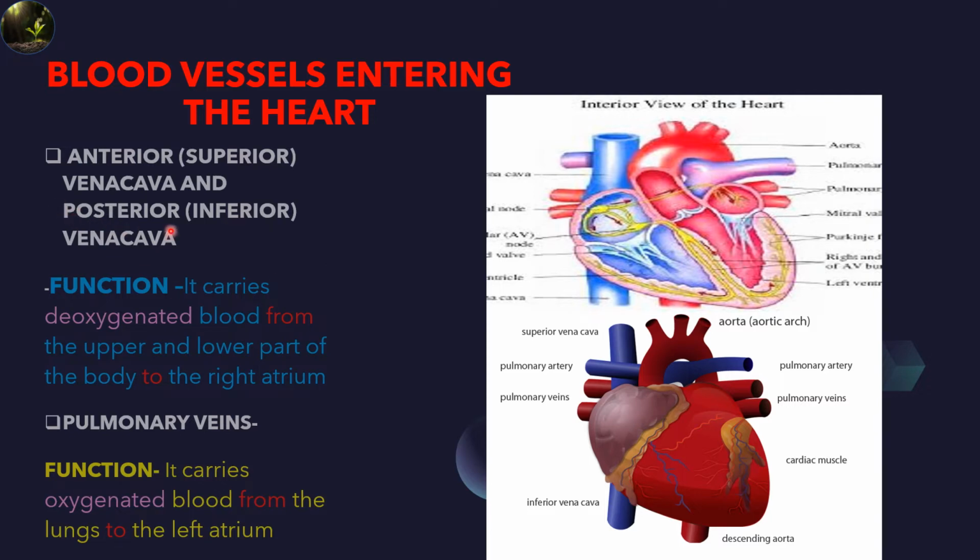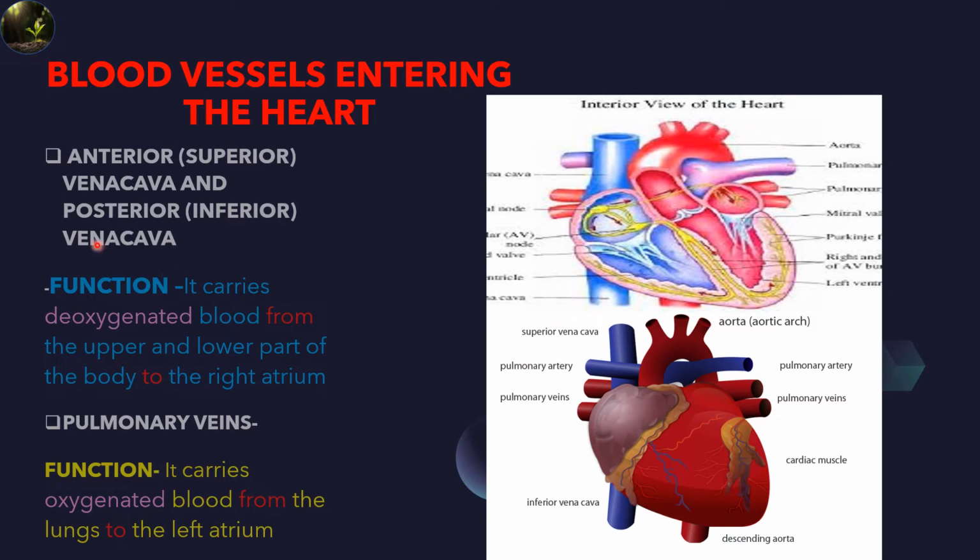Then what is the function of posterior or inferior vena cava? It is located on the lower side of the heart. It carries deoxygenated blood, because all veins carry deoxygenated blood except pulmonary veins.